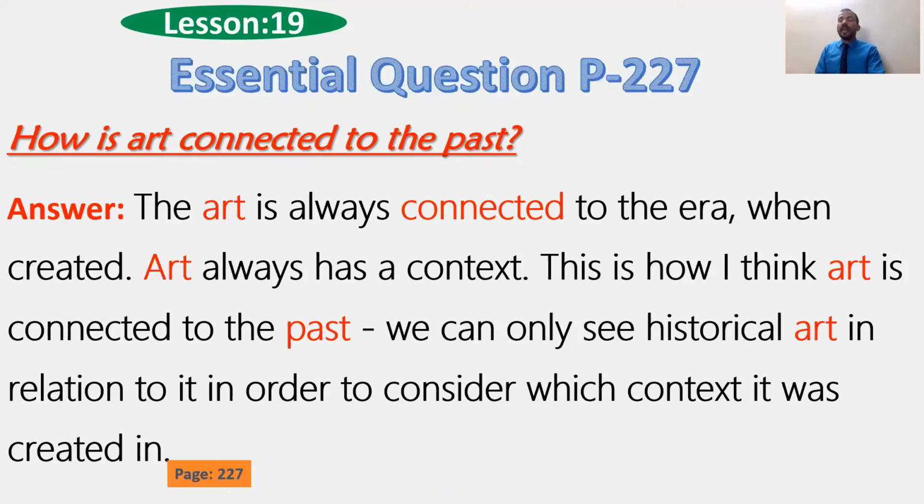Art always has a context. This is how I think art is connected to the past. If you need to know about the past, you'll find it in historical art, which will tell you about past times.